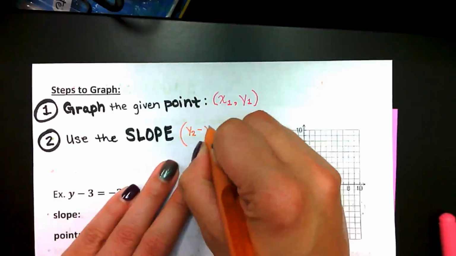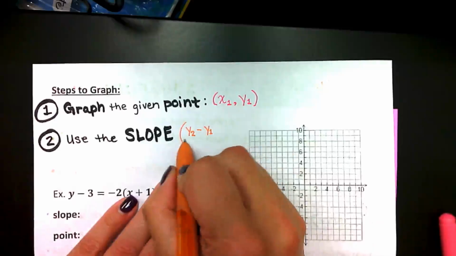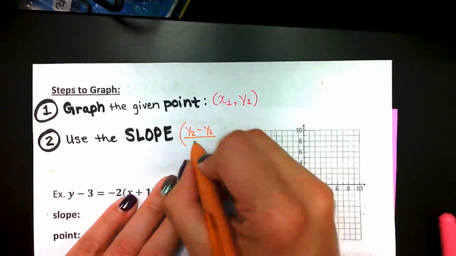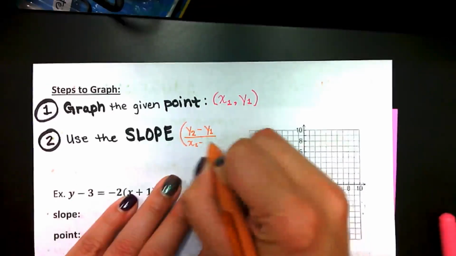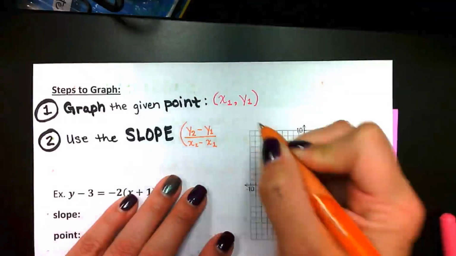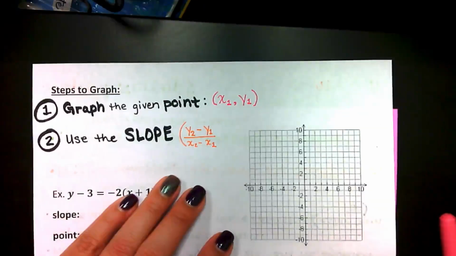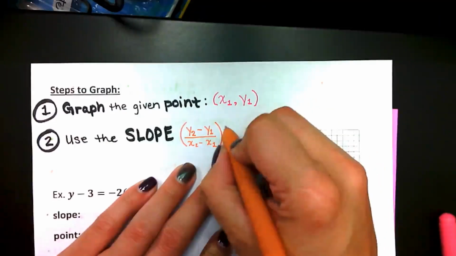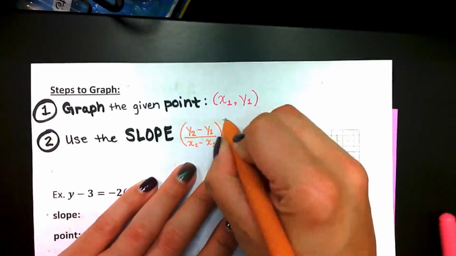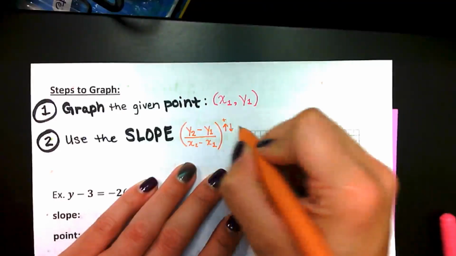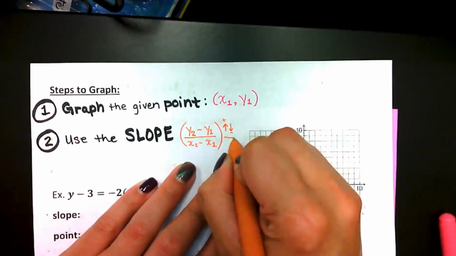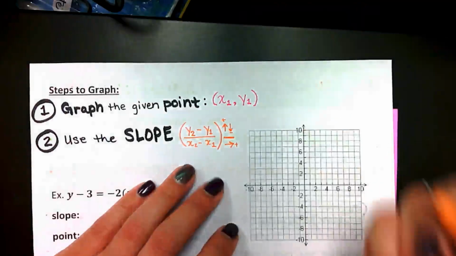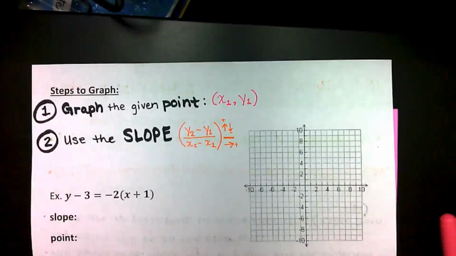Y sub 2 minus Y sub 1. Yes. Some wheels are turning. X sub 2 minus X sub 1. Now, do recall, just as before, it'll go up if it's positive, down if it's negative, and of course, you should always move to the right. It should be positive on your denominator.